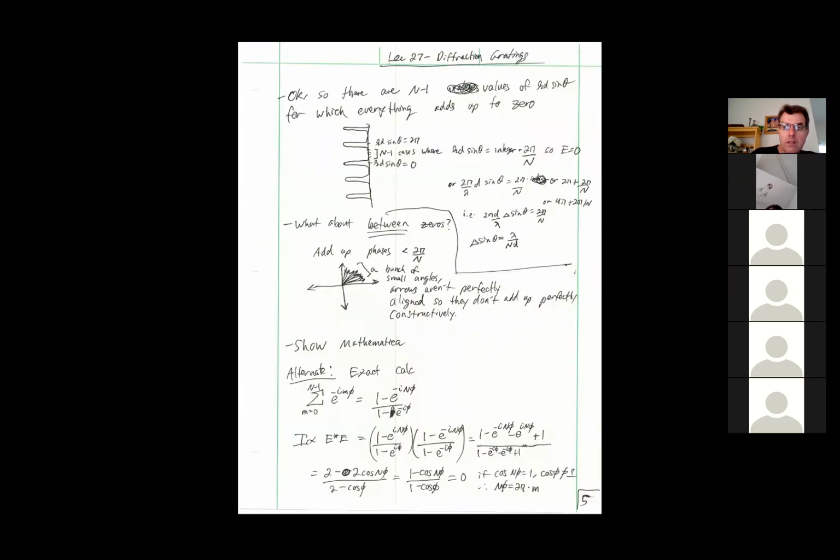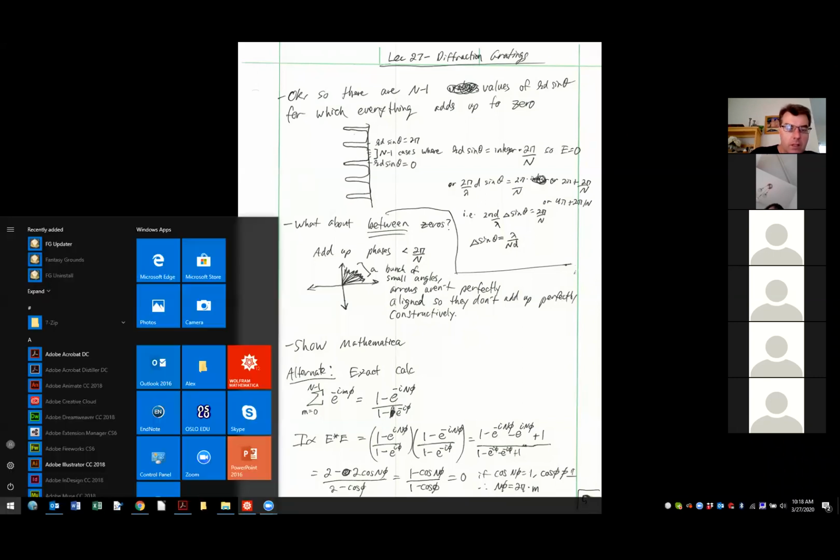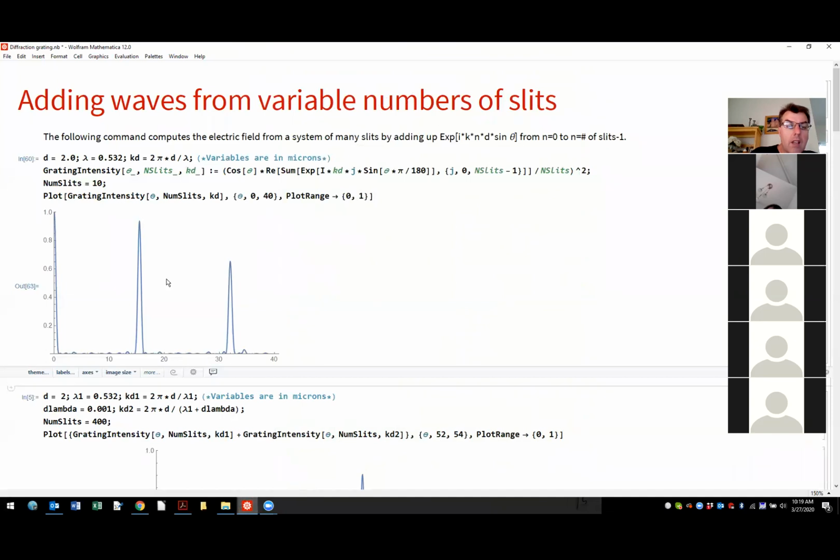Professor, can you repeat what you said about the more slits it has? Is it that the more slits, the more accurate the wavelength can be calculated? The more slits you have, the narrower these peaks become and the smaller these backgrounds become, which means that if you've got a very large number of slits, you know that the only way you're getting a signal here is if there's light at a wavelength satisfying the condition d sine theta equals lambda, or d sine theta equals 2 lambda, or something like that.